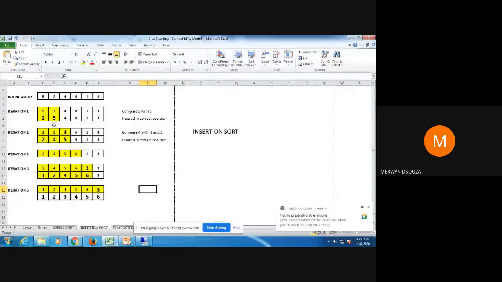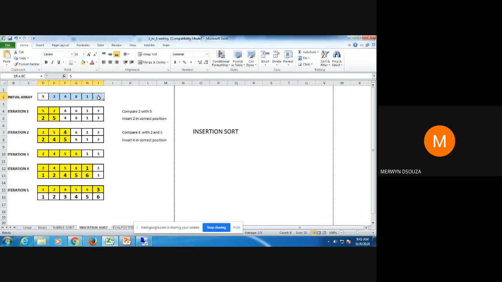Suppose I want to sort this. Now I have sorted it in ascending order. Suppose I want to sort it in descending order. This same array, I want to sort it in descending order. What are the changes I have to make in my algorithm? Can you try it out on your notebooks?